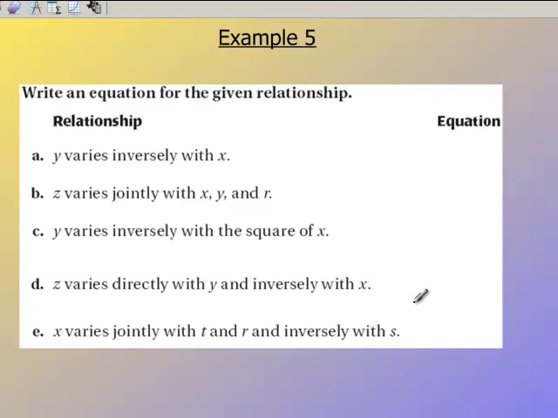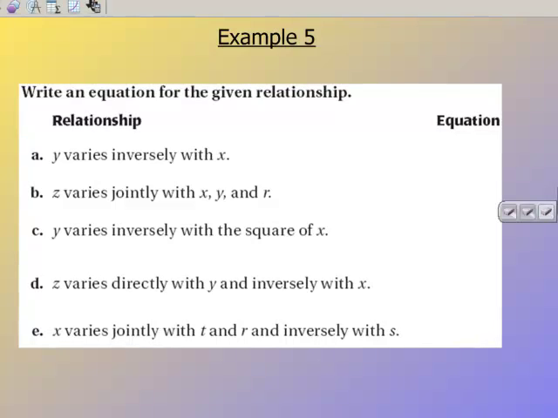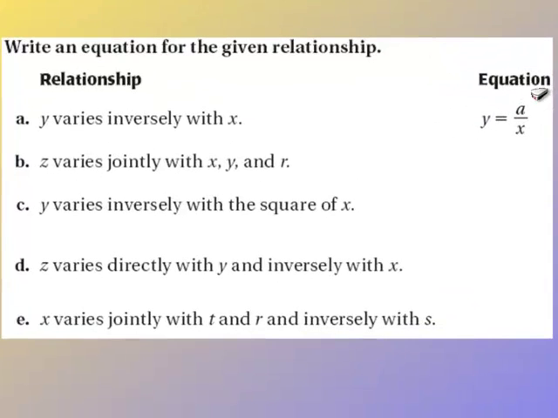The last thing is being able to just write an equation, given a relationship, given a verbal description. Can you come up with what the equation is? So let's say I start off with Y varies inversely with X. Okay, so that's pretty direct. We've already discussed what that is. So it's simply going to be Y is equal to A over X. But how to write that, I could switch it up.